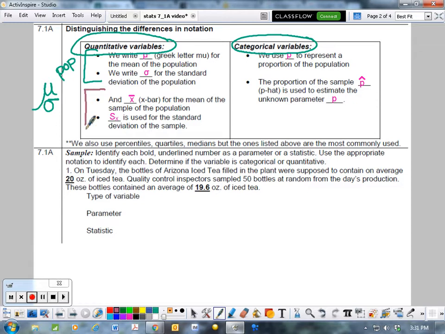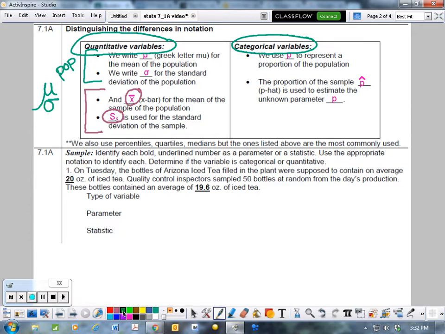But then we also have symbols for samples. When we're dealing with the mean of a sample, we're going to have the x-bar, and the standard deviation of a sample is going to be s_x, for the standard deviation of our x values.